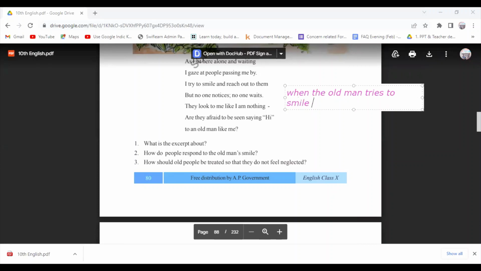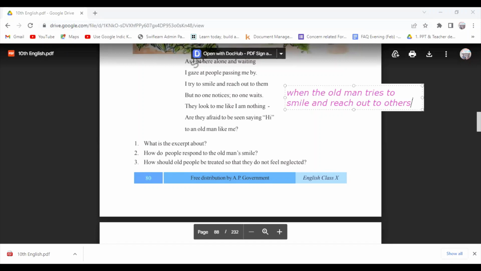The way I'm constructing the sentence may help you in the future because we need to write discourses too. And what he's doing is trying to reach out to others, or the people, you can also mention there.